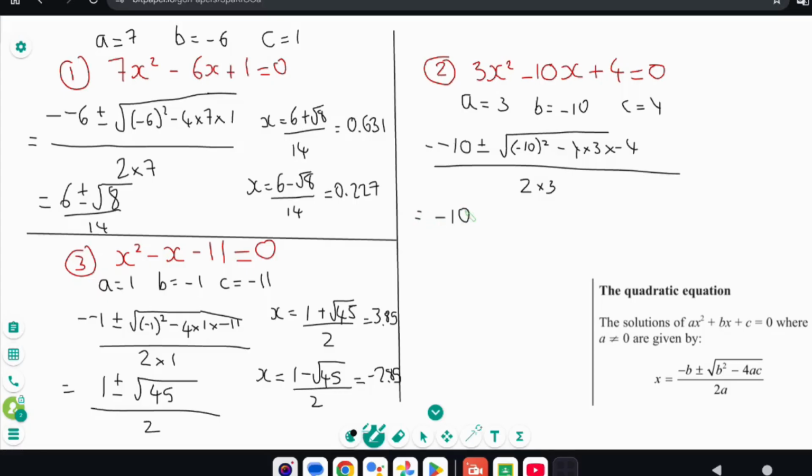So let's work out the number under the square root. Oh, it's not negative 10, is it? Sorry, I thought that was a little equals there. Just be careful here. Minus negative 10 is positive 10, because 2 negatives make a positive. Really easy to make mistakes with these questions. 148.